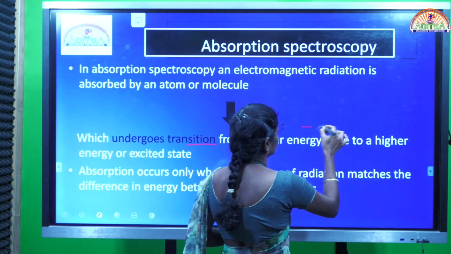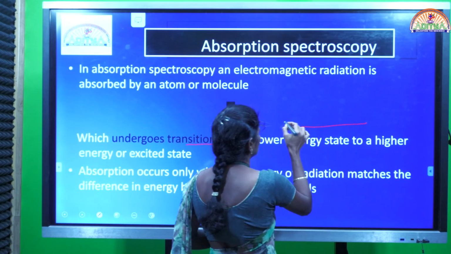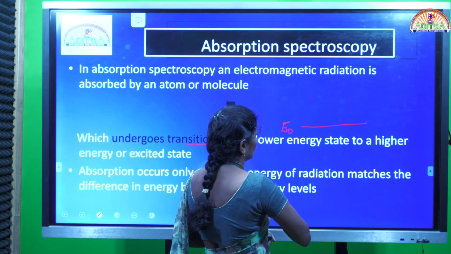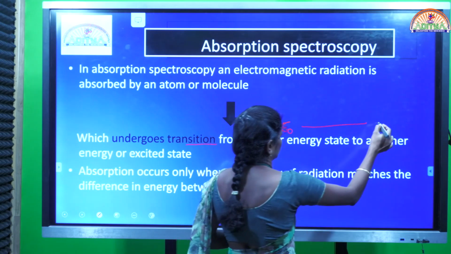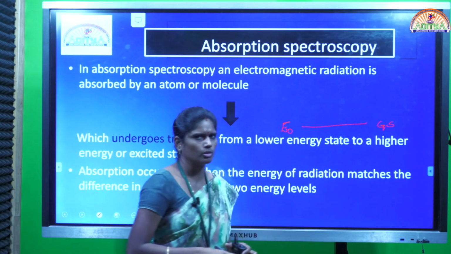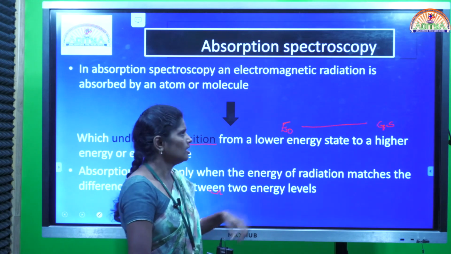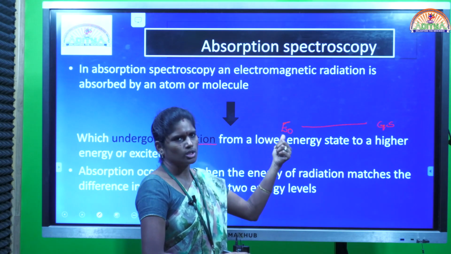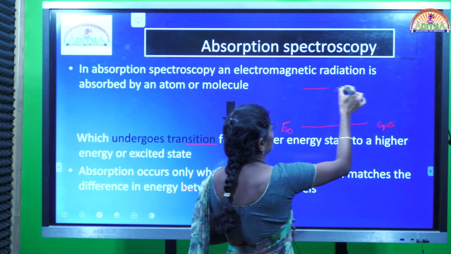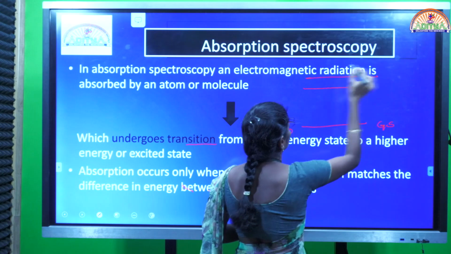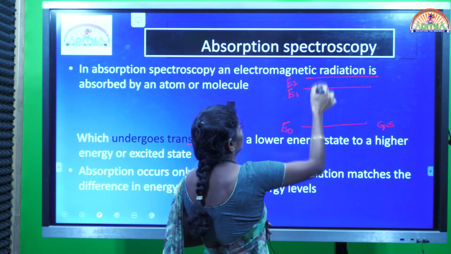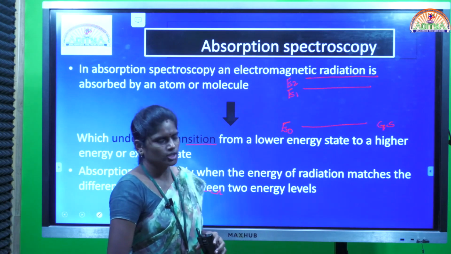Let us say that this horizontal line represents the energy of the electronic energy level at its ground state. So GS represents the ground state of this electronic level, which is denoted as E0. E0 represents the energy of this energy level, and E1 and E2 will be the higher electronic energy levels.